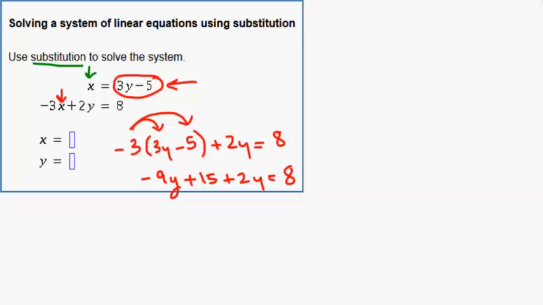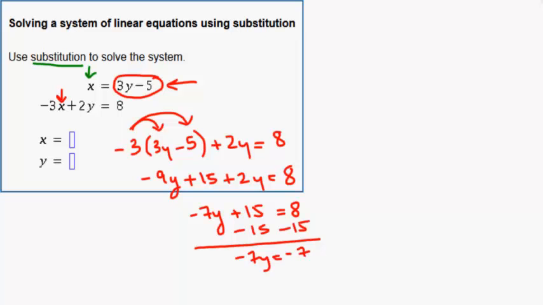Now we just have a linear equation we're solving. -9y plus 2y are on the same side, so we're combining like terms, equals 8. Then we solve for y, so I'm going to subtract 15 from both sides, and I get -7y equals -7. Divide both sides by -7, and y is 1. Now remember, we're solving a system of linear equations, so we're looking for the ordered pair that works for both equations.